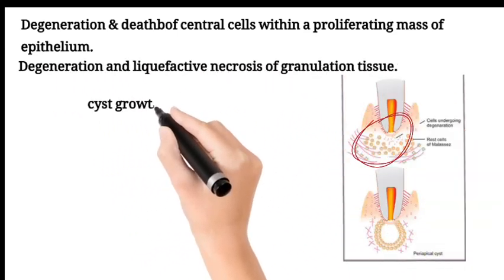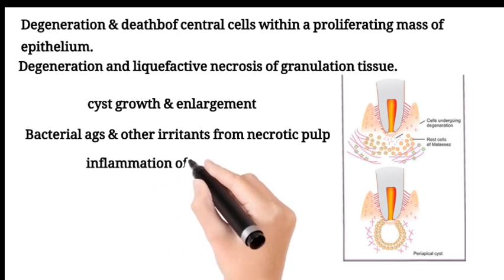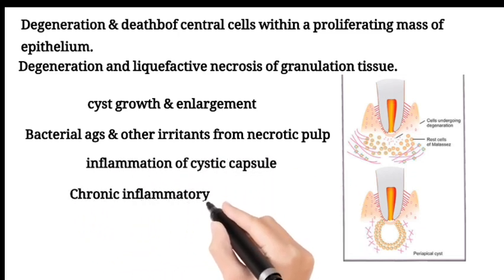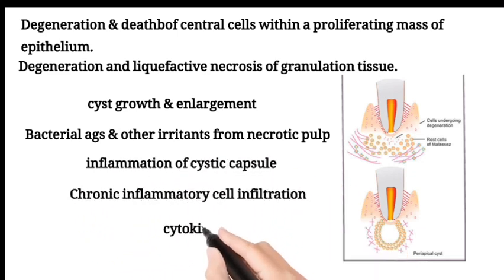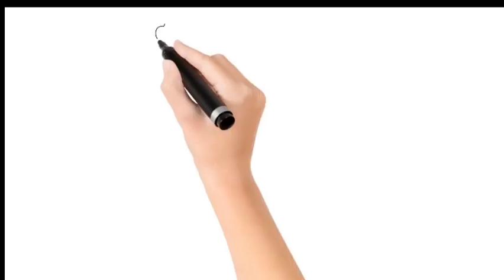The cells which are located at the apex of the tooth will degenerate and lead to death, which will further cause necrosis of the granulation tissue. And the necrosis of the granulation tissue will lead to the formation of the cyst. With further time, the cyst will grow and enlarge, and the necrotic pulp will release irritants and bacterial antigens, which will further lead to inflammation of the cystic capsule.